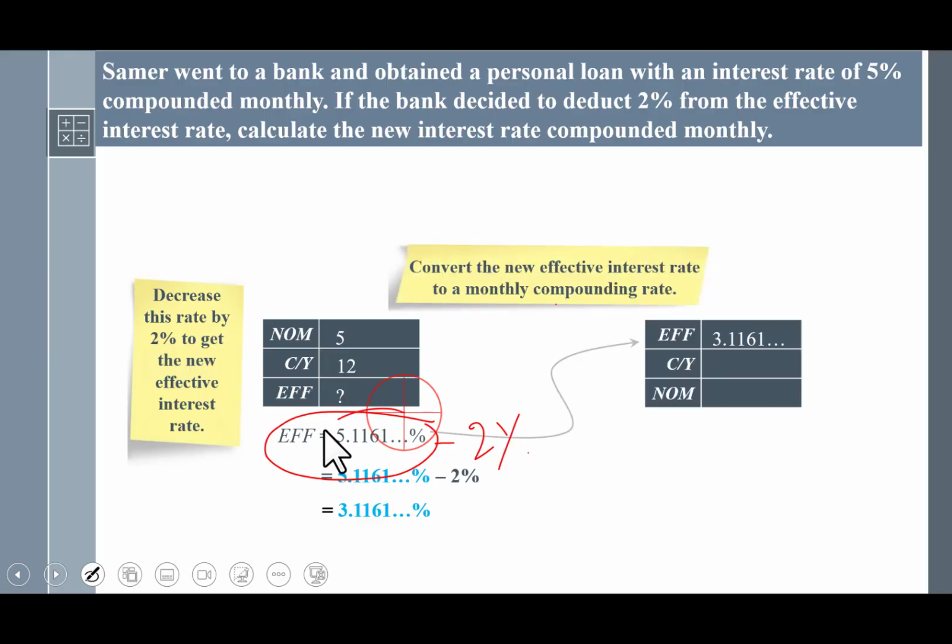So make sure you don't keep this value here, subtract 2, and make sure you press enter. I'll show you how. We don't have to change CY, all we have to do is go back to NOM and press CPT. So the new nominal interest rate is 3.07 compounded monthly. Even though the bank decreased the interest rate by 2%, they decreased the effective, not the nominal.